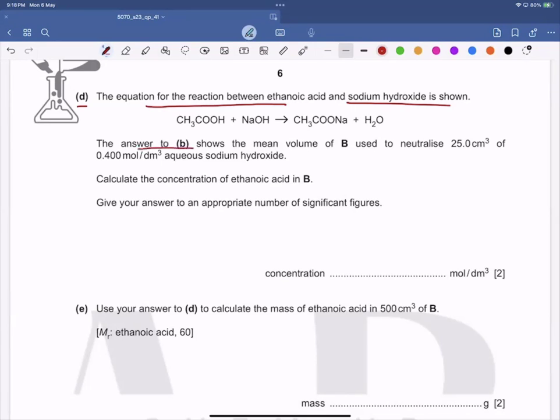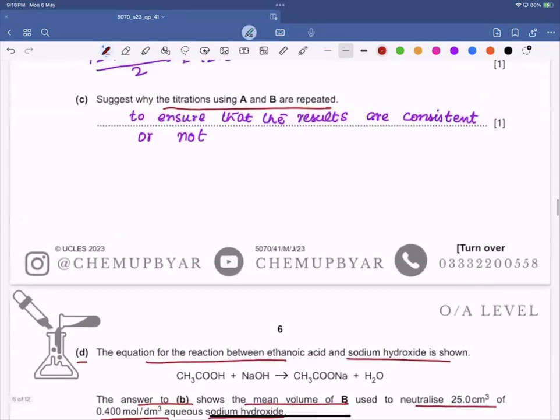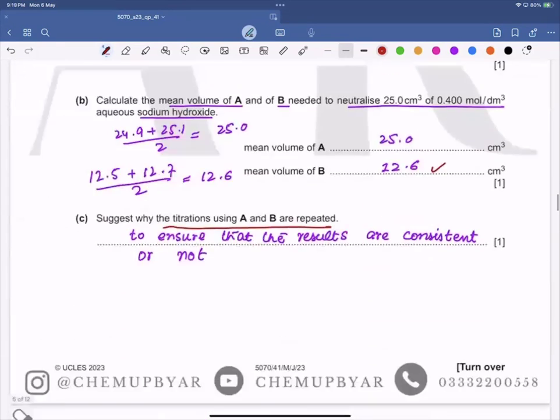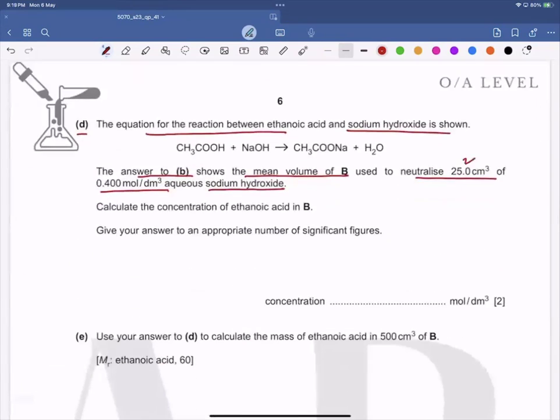The answer to B shows the mean volume of B used to neutralize 25 centimeter cube of 0.4 mole per dm cube aqueous sodium hydroxide. Yes, here we have the volume of B, which is used to neutralize the 25 centimeter cube volume of this concentration of sodium hydroxide.